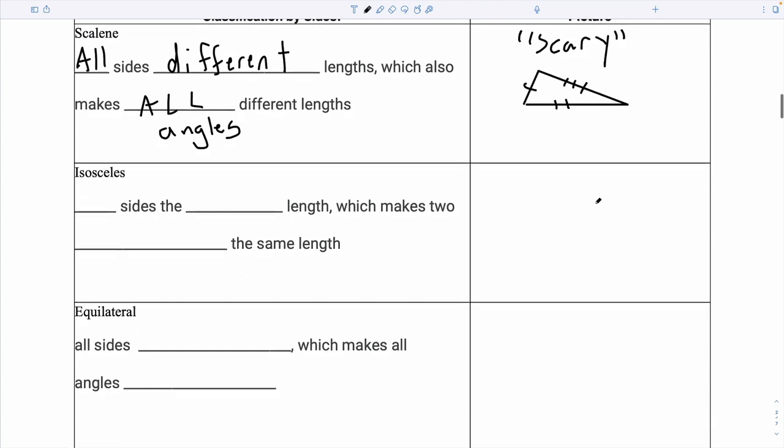Let's look at isosceles. Isosceles has 2 sides that are the same. We'll make this one green. 2 sides are the same, which makes 2 angles the same.